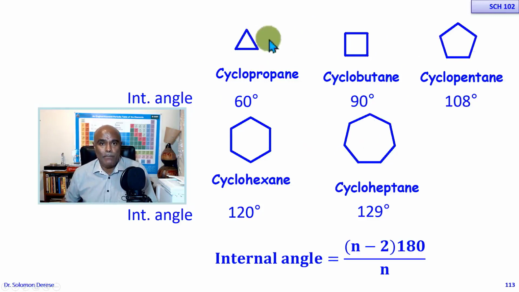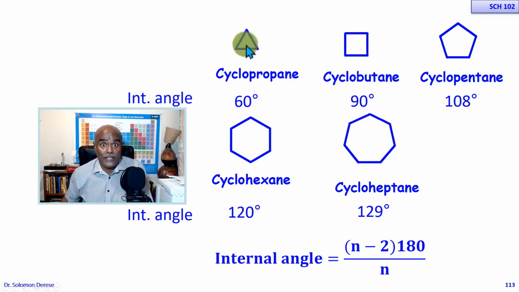The empirical formula of all these cycloalkanes is CH2. So we can compare the stability of these different cycloalkanes based on the energy contained in every CH2 by measuring the energy per CH2. For example, you can measure the heat of combustion of cyclopropane, and then whatever value you get, you divide it by 3.